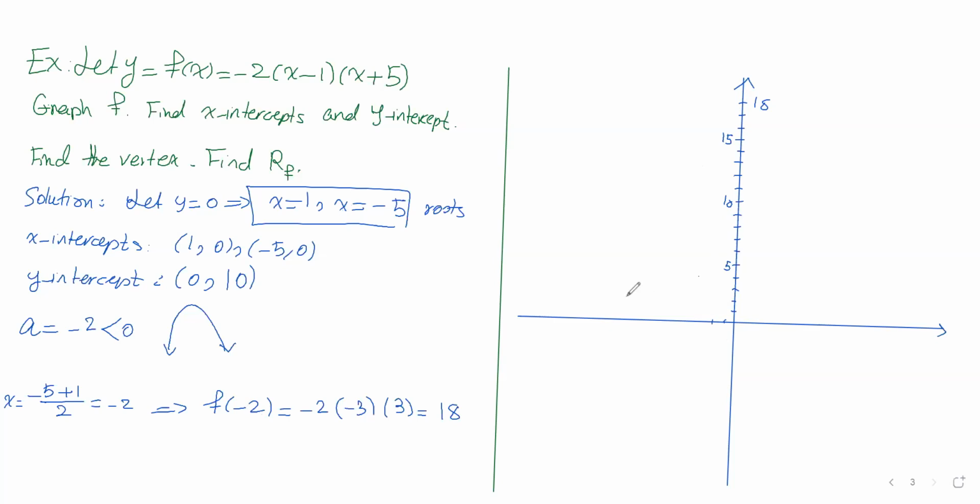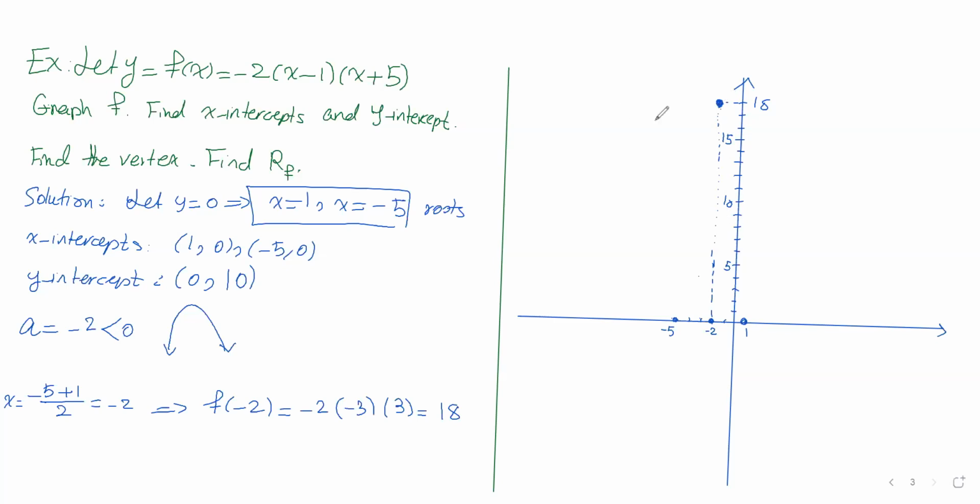Let me just do it again. -2 is the midpoint. Now your function passes through -2 and 18, this is my vertex.